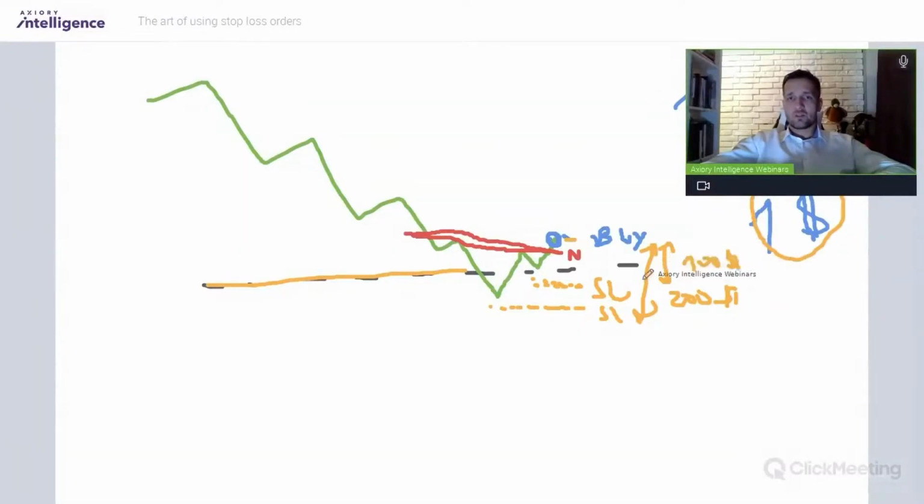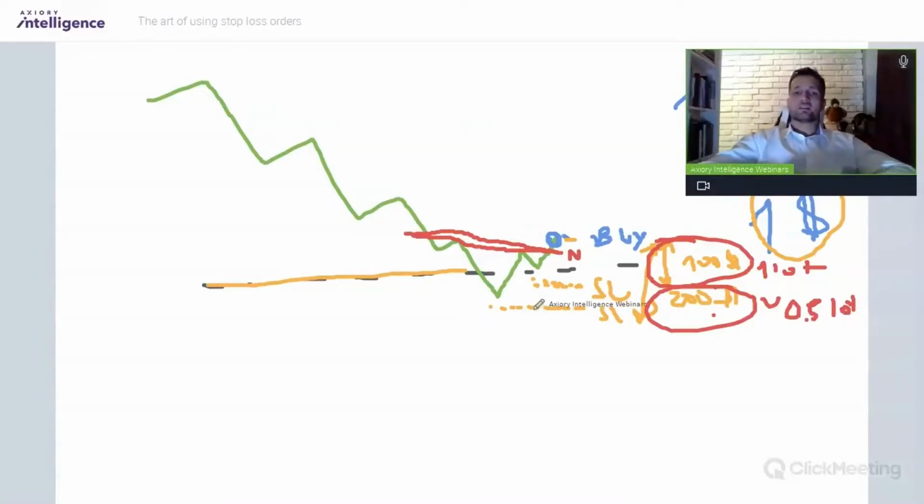So those position sizes cannot be equal. This one will be twice as big as this one. So this one will be half of this position. If here you're opening one lot, of course you will not open one lot because that will be too much, in this case you can open 0.5.